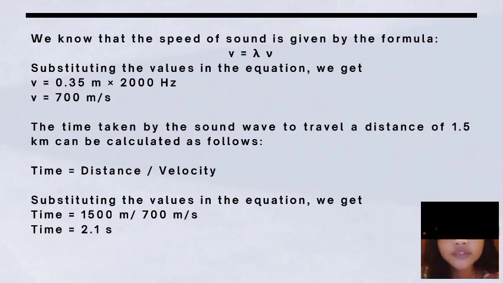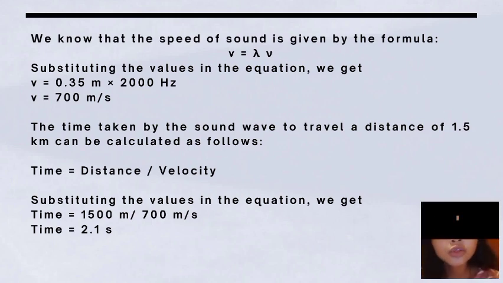Since we have our velocity and our distance, we can use the formula velocity equals distance over time. Since the time is not given and is the quantity we are seeking, the formula is oriented that way.